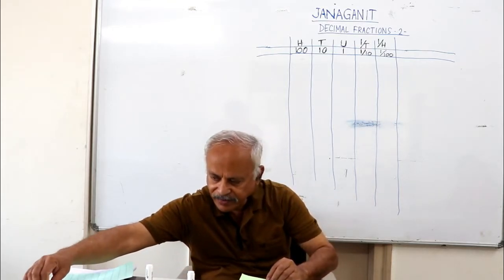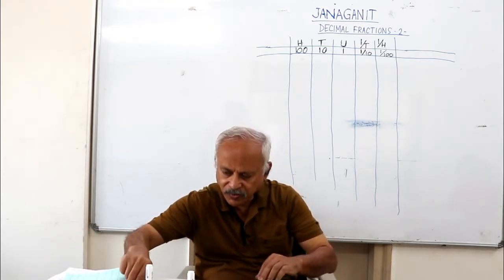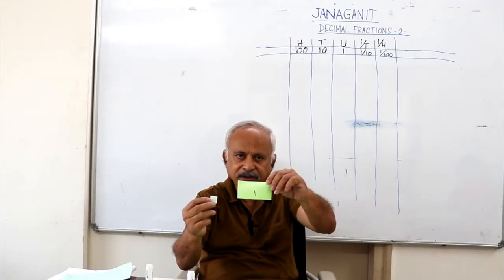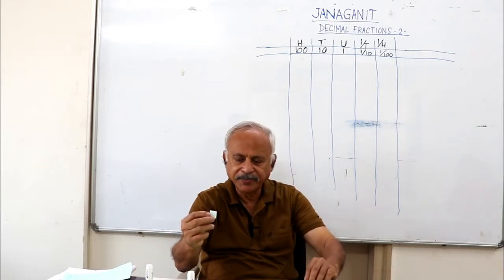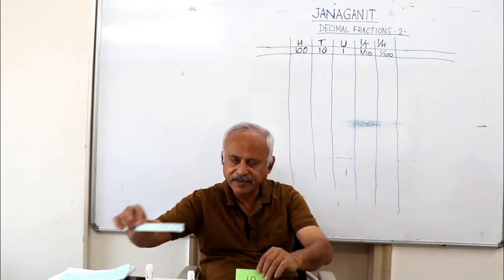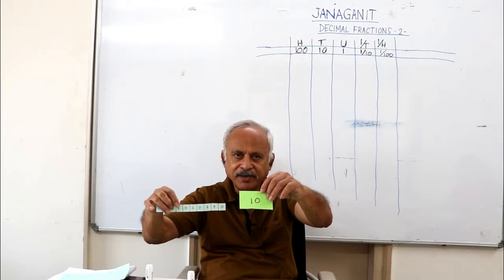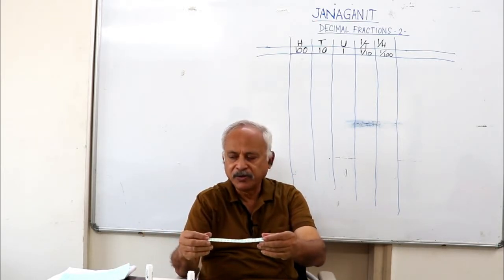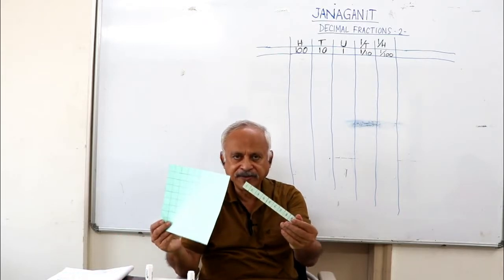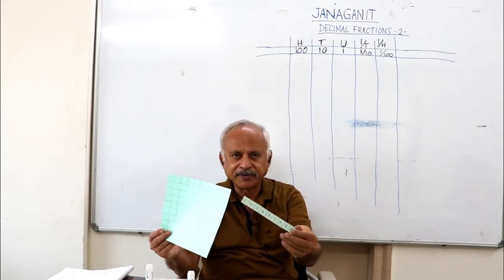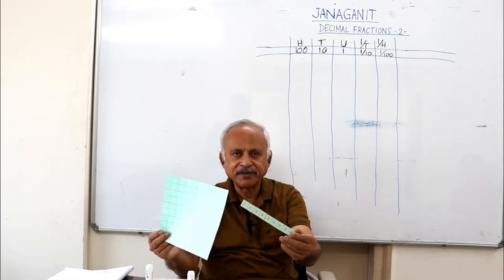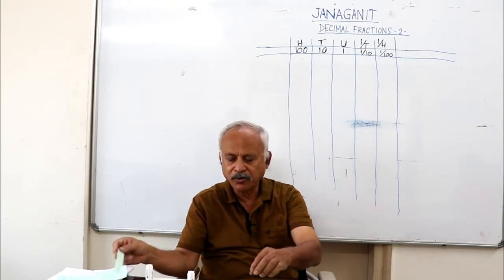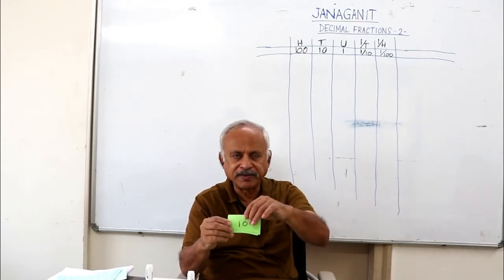And then there is the 1, which is a card which has 1 written on it. And then there is the 10. So we have two ways of making the numbers. We can make it with our decimal kit, which we ourselves made last time using graph paper, pasted on a sheet of paper, or we can make it with these number cards.